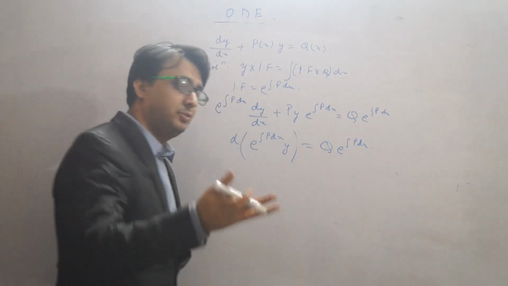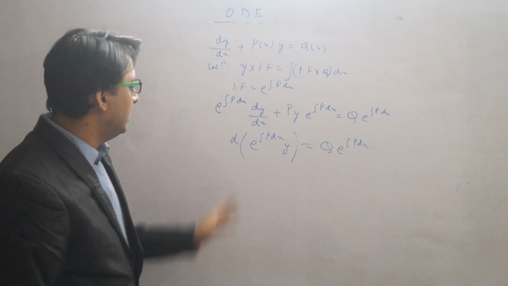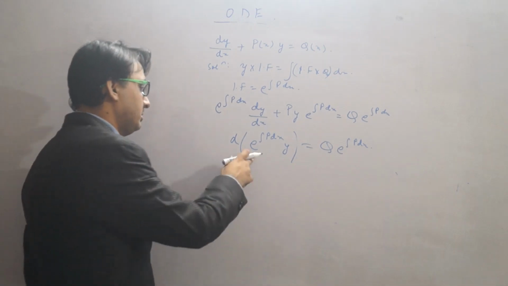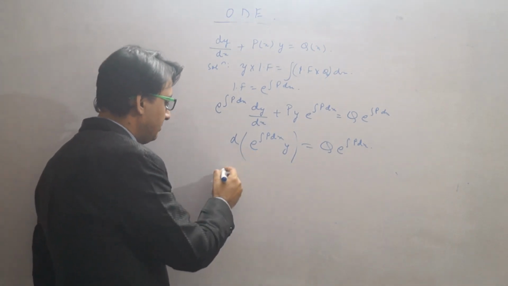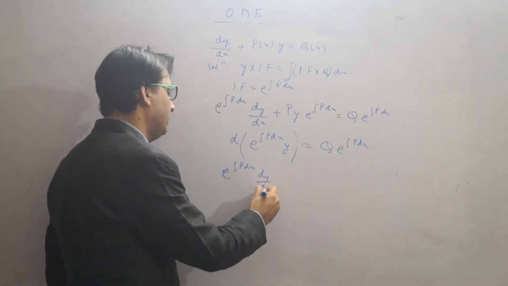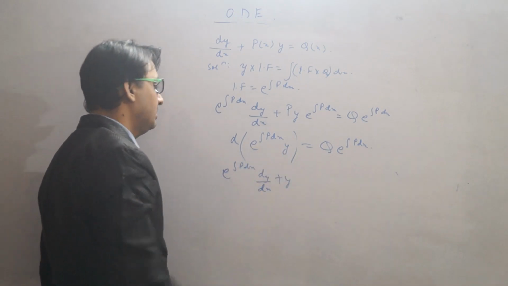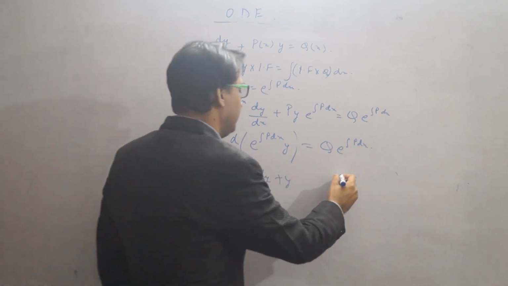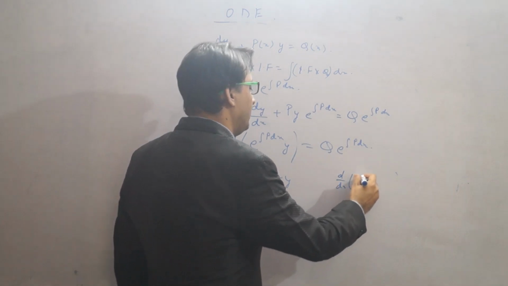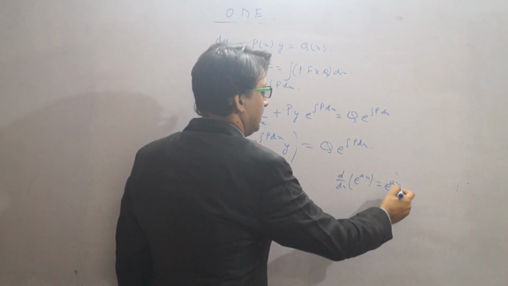Now for those of you who are wondering why I have written it like this, I will just show you. Suppose I keep the first function as constant and take its derivative. Now I keep y as constant and take the derivative of this. You know the derivative of e to the power ax: it is first the same function, and then the derivative of the argument a.